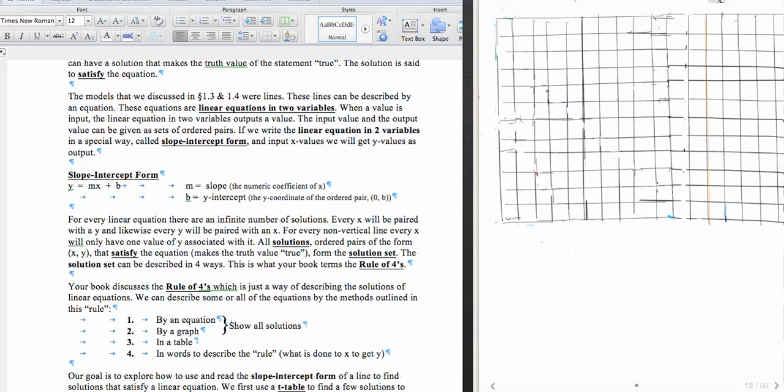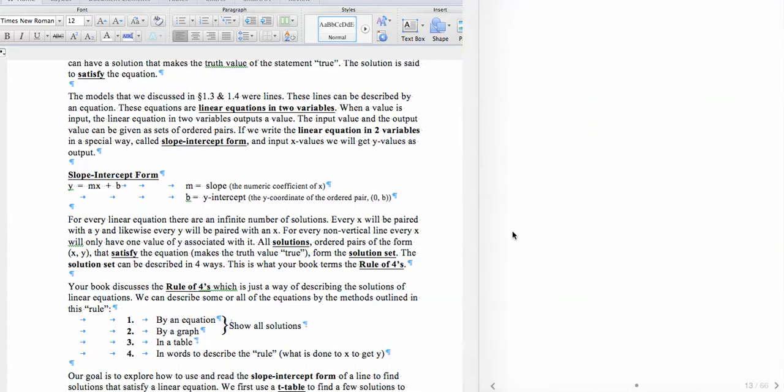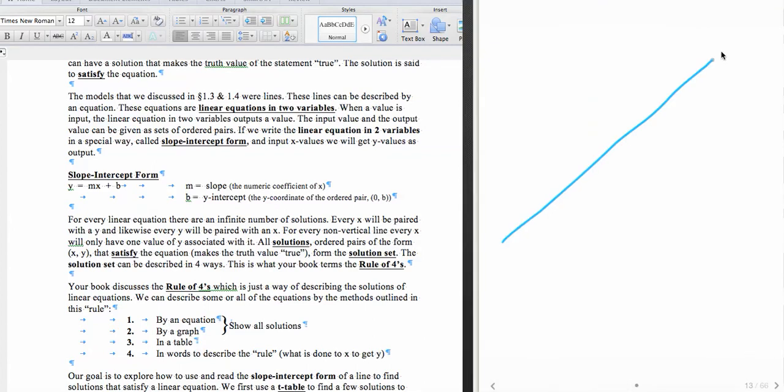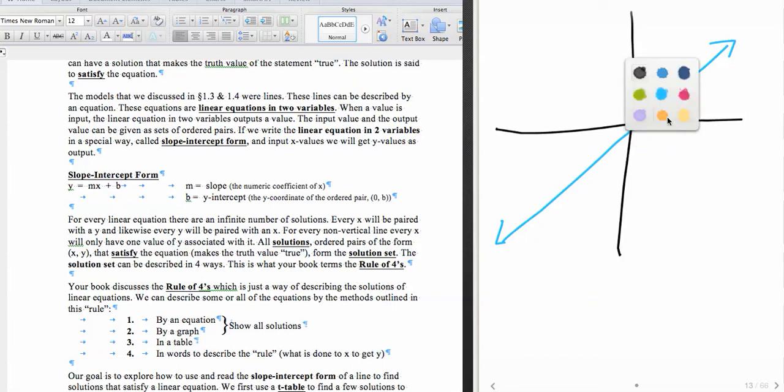So if I look at any straight line here, let's go over here to a different page, and I'm just going to say, okay, let's put this line on this page, and then I'm going to put it in a coordinate system just like this. In this coordinate system, we can take from the x-axis and go up to the model, and then we can go across here, and that gives us a y.